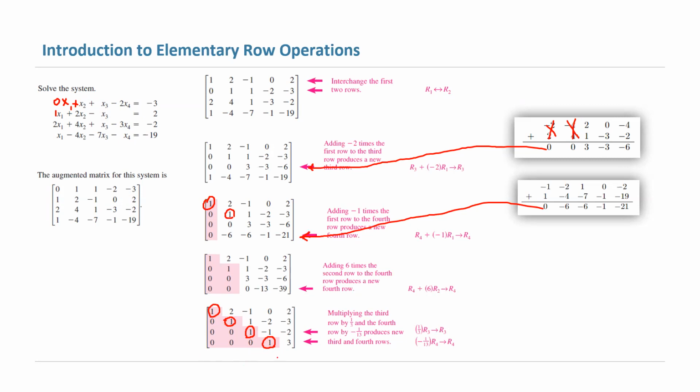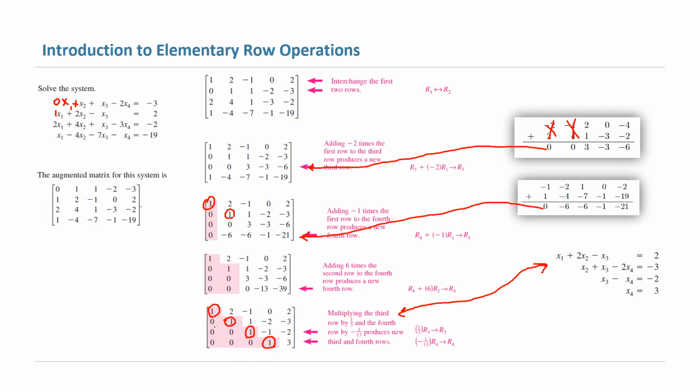Again, what you could do is multiply the second row by negative 2 and add it to the first row, and multiply the third row by negative 1 and add it to the second row, and just add the first row and the third row, and this entry becomes 0 as well. So you could go into the next step, but you can stop at this point. The system corresponding to this matrix is 1 times x1 plus 2 times x2 minus 1x3 plus 0x4 equals 2.